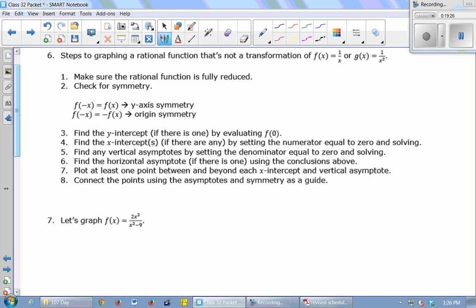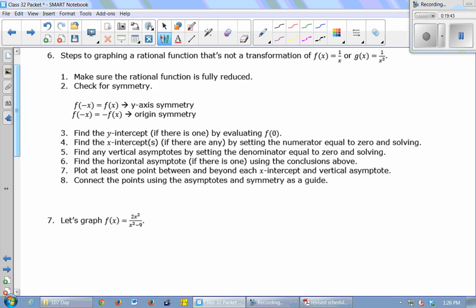Why do I only have to set the numerator equal to 0 to get the x-intercepts? The y is 0, right?